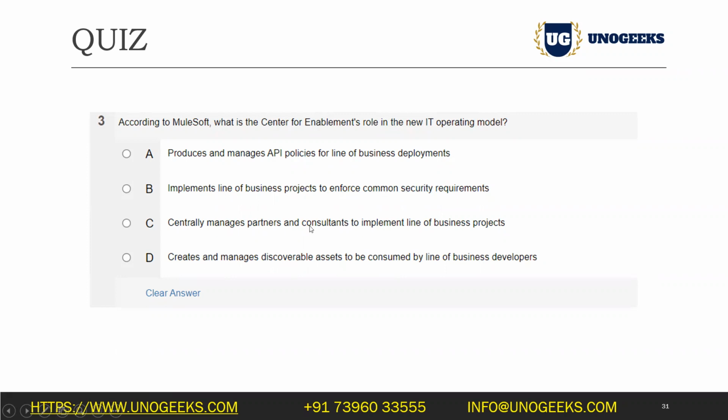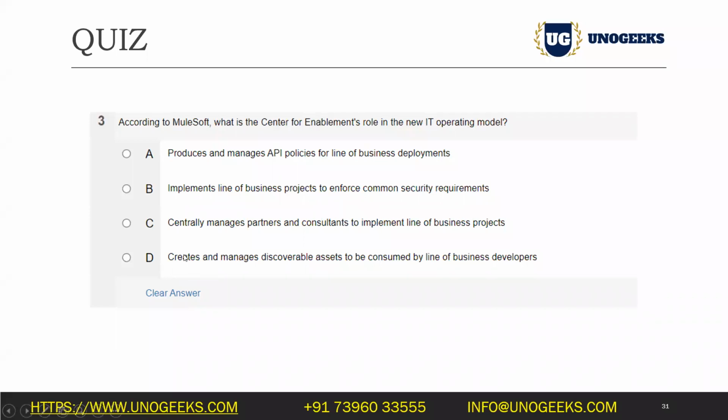Centrally manages partners and consultants to implement line of business project. So it's saying that it will manage partners, consultants and developers to implement line of business project. Okay, this is also partially correct, but it is again not saying that it is reusing or managing the asset which is already there.